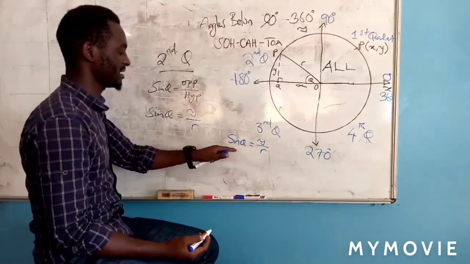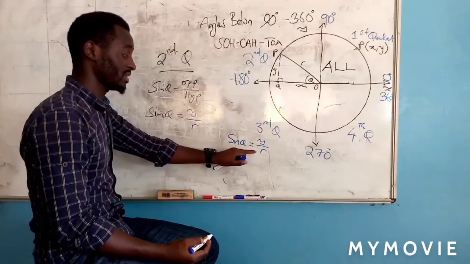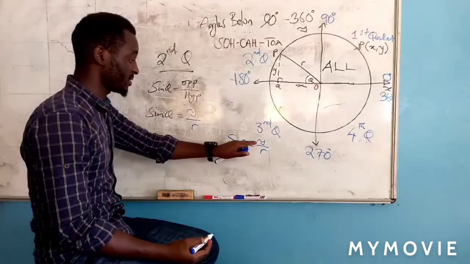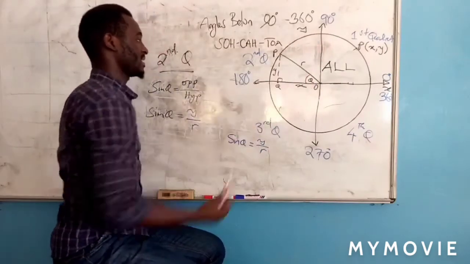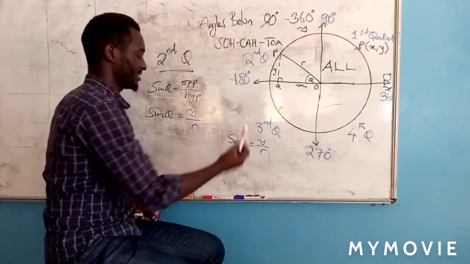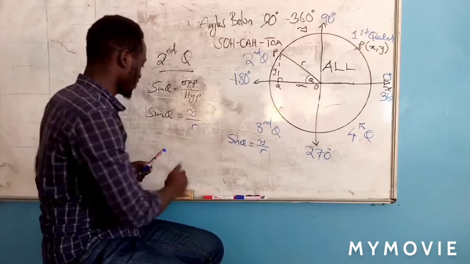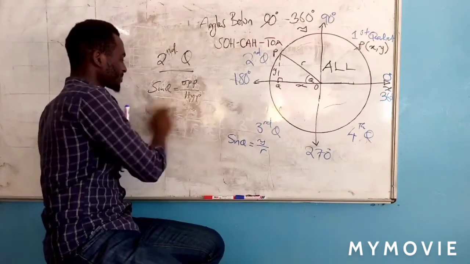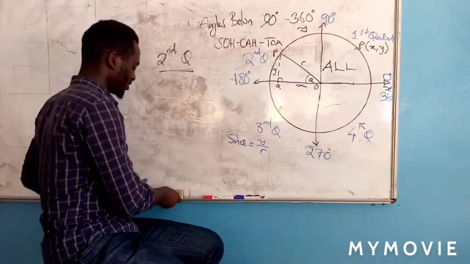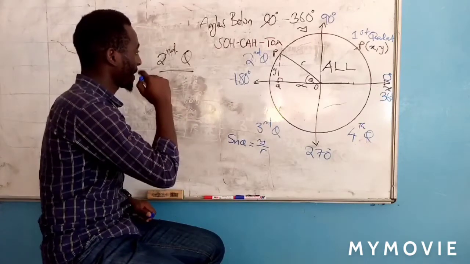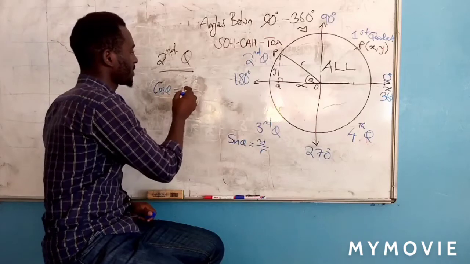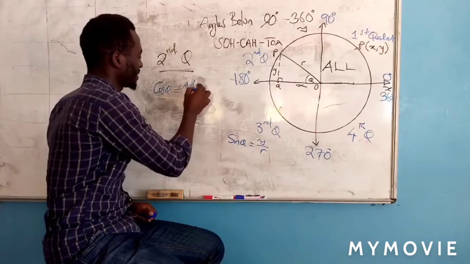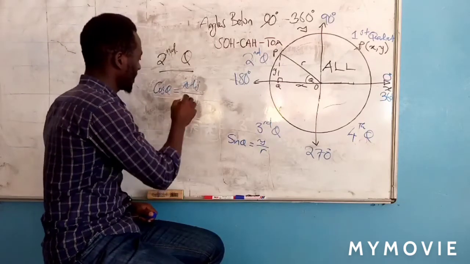So I can see that sine is a positive ratio, because y is positive and r is positive. Then I'm going to move on to cos. Cos theta is equal to adjacent over hypotenuse.